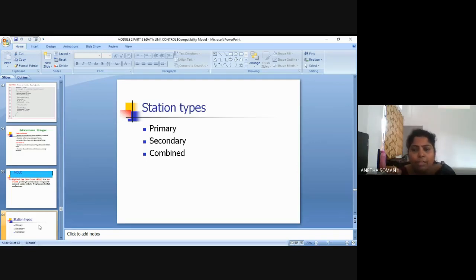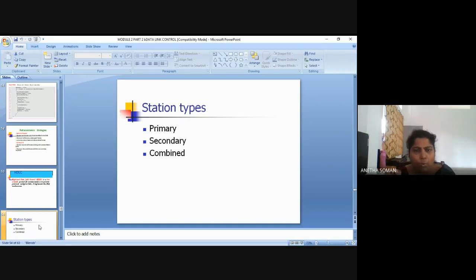You can have three types: the primary, the secondary, and the combined. So station types are primary, secondary, and combined. Now, the primary station sends commands to the secondary station.